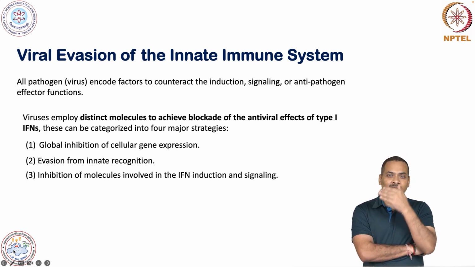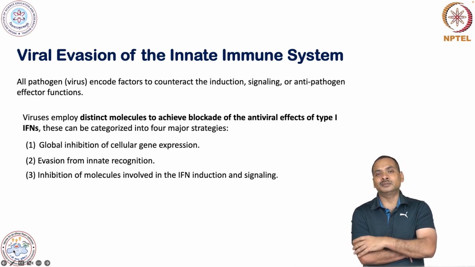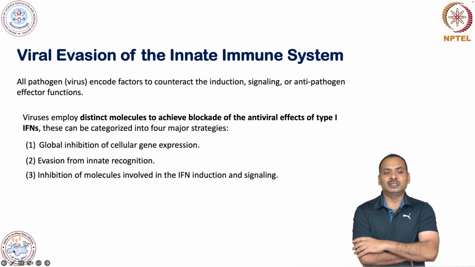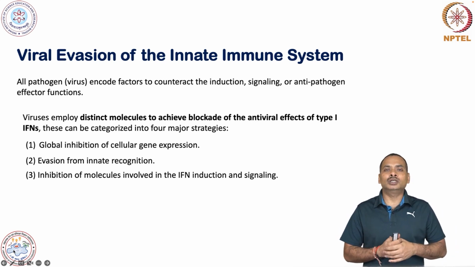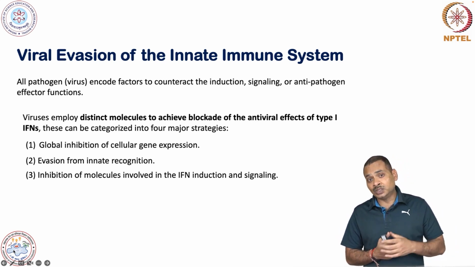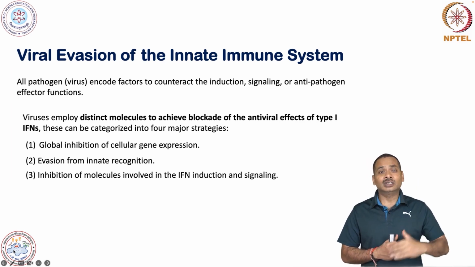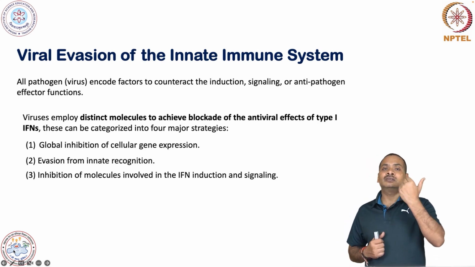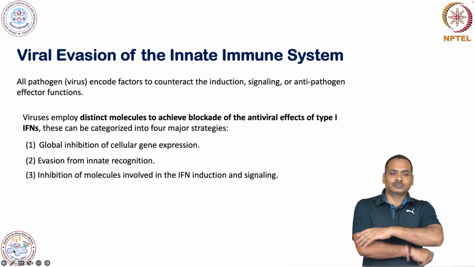This larger amount of type 1 interferon is important in checking viral replication. So viruses have some molecule or protein which they use to inhibit this PRR mediated interferon production, as well as the JAK-STAT pathway.